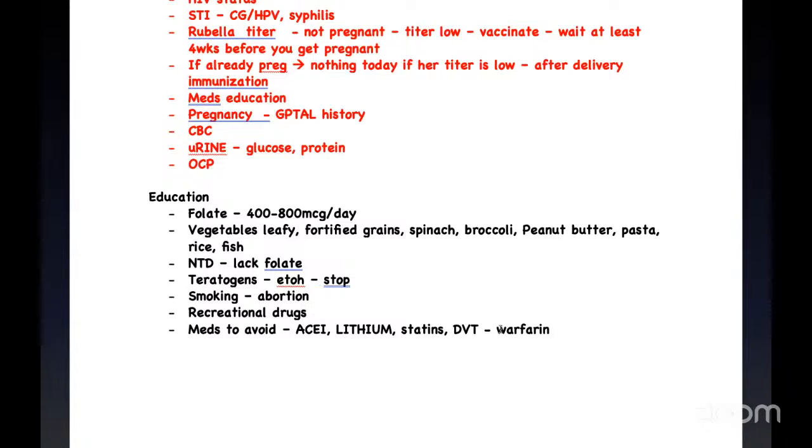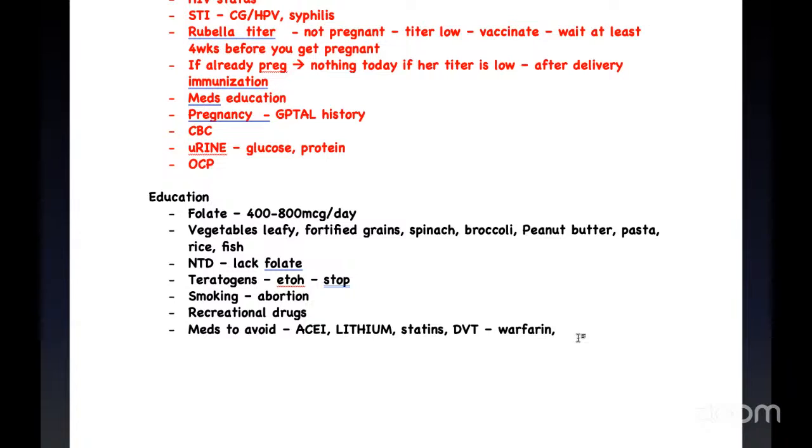What other medications should they avoid? What do you think? There's a medication you use for acne. Anybody know the name? They should avoid it as much as possible because it's also teratogenic, especially in a young patient in college who probably has some acne and will probably be using it.